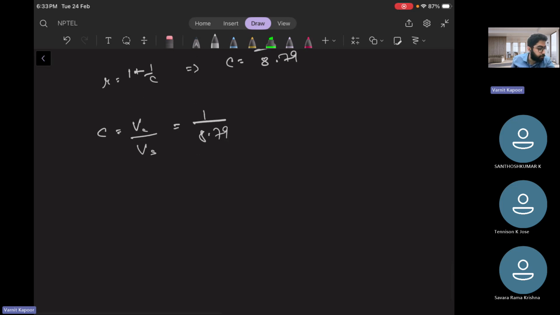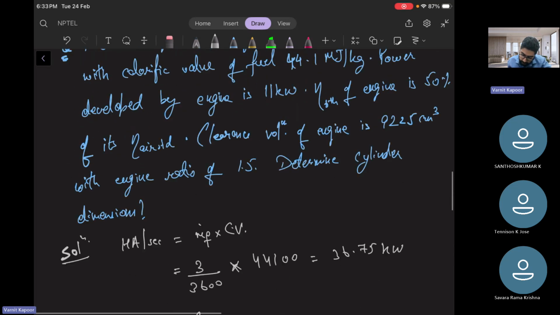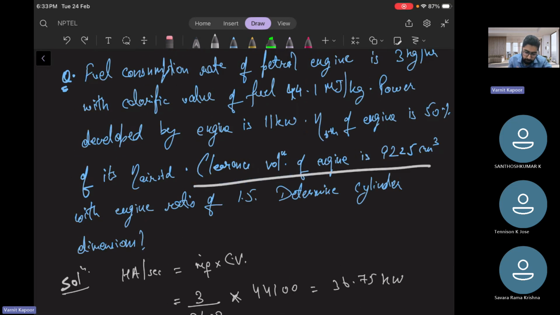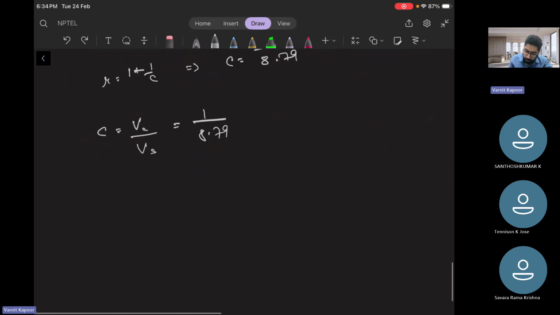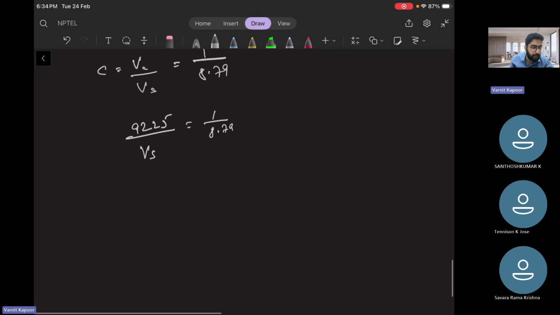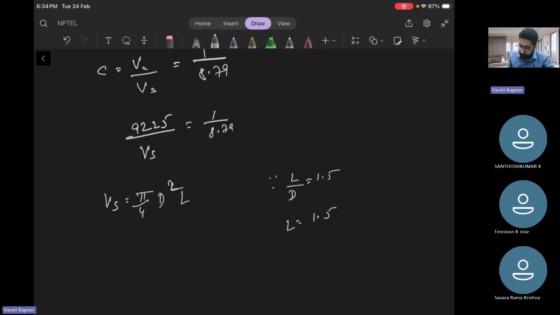Now V swept is given how much? Sorry, the clearance volume is given as 9225. So Vc you know now. So 9225 by Vs is equal to 1 by 8.79. From here you will get the swept volume, and swept volume is nothing but pi by 4 d square L. Since L by d is given as 1.5, L will be 1.5 times d.